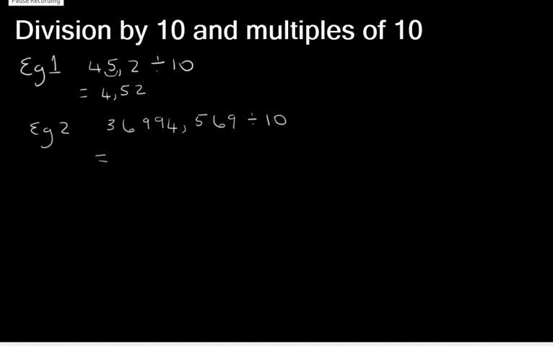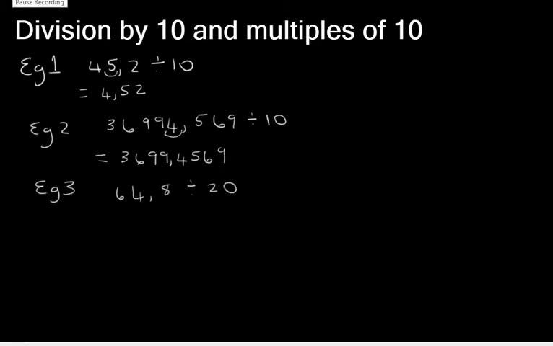Example 2, 36,994.569 divided by 10. Again, we need to move this decimal point one place to the left, and that will give us 3,699.4569.